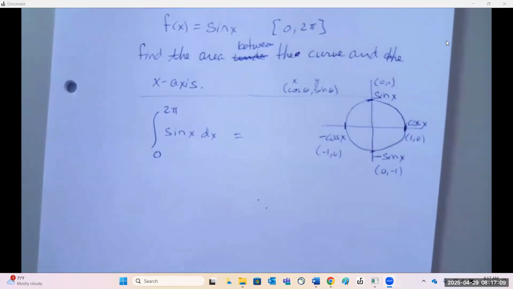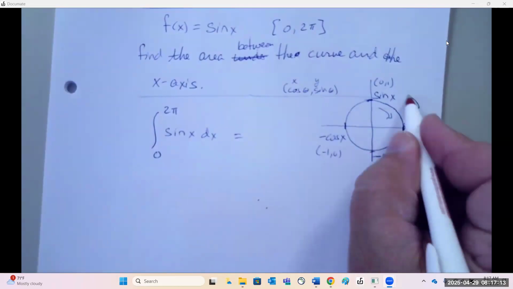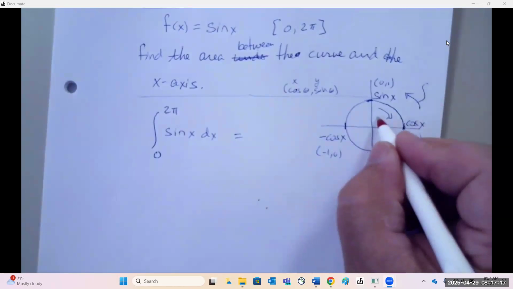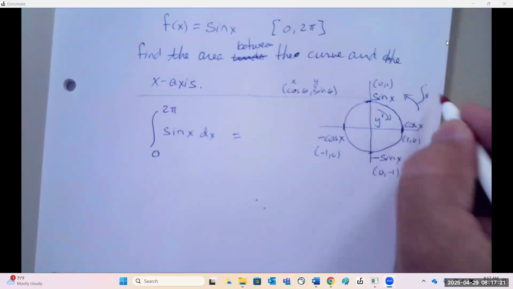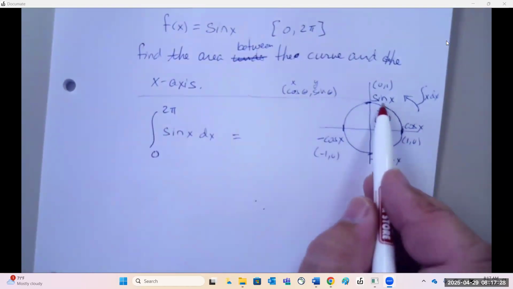The only thing left are the trig functions. Derivatives go that way, integrals go that way. So integrals go counterclockwise.